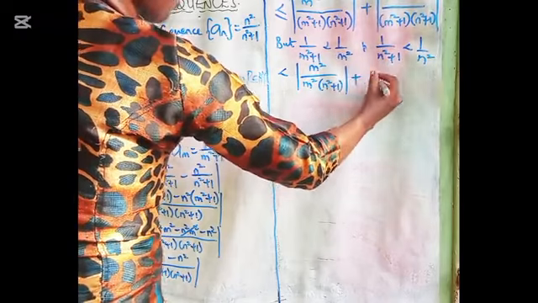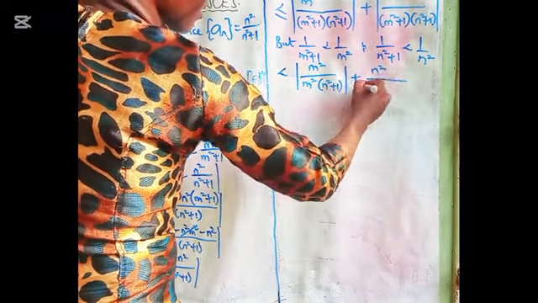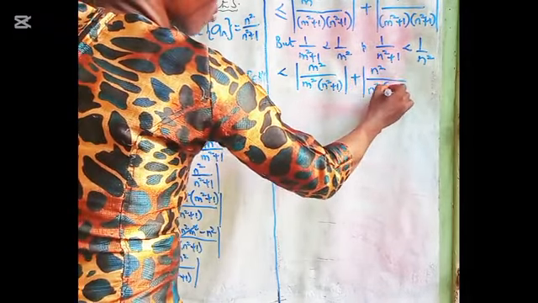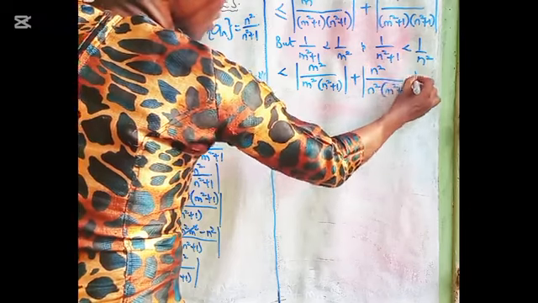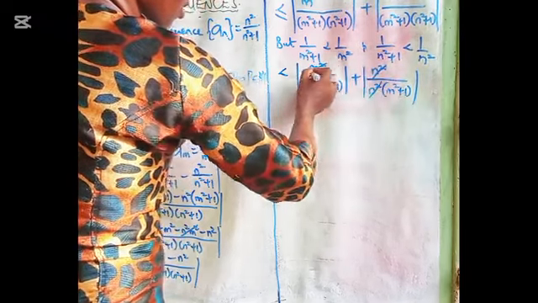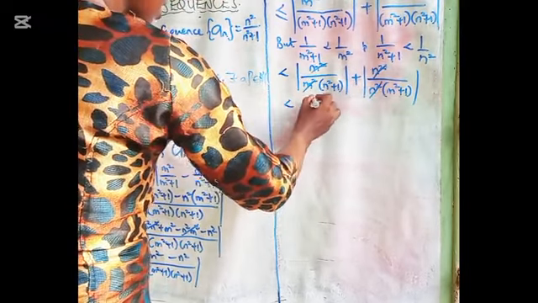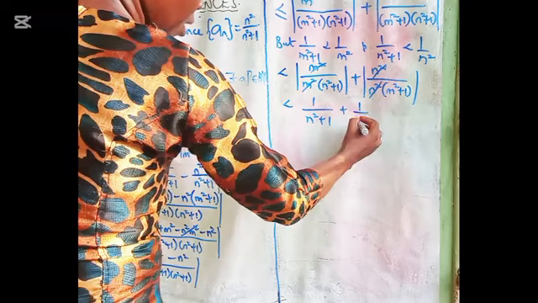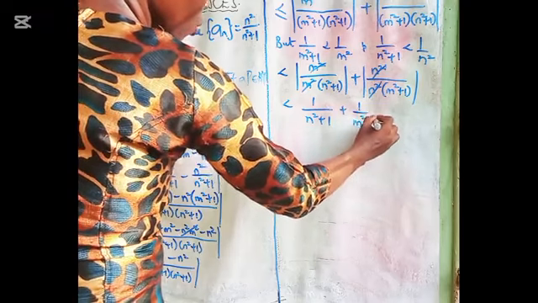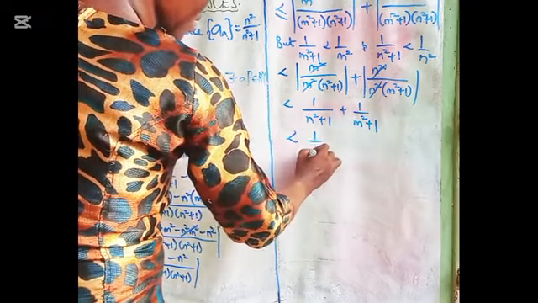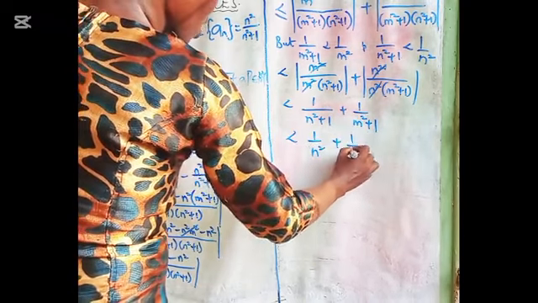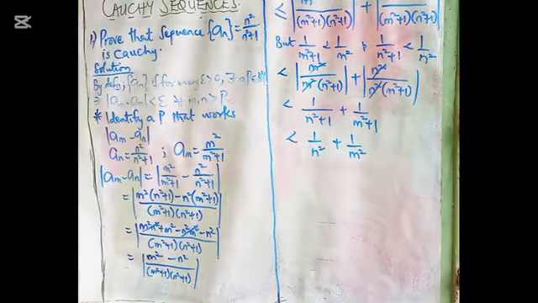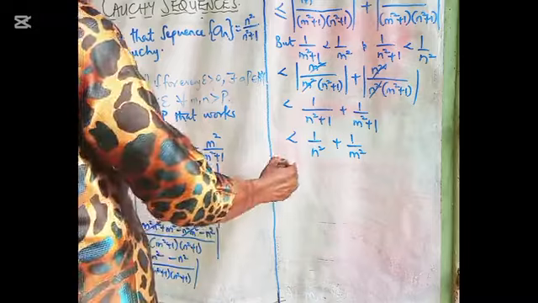The same thing happens there, plus n squared over n squared into n squared plus 1. And then this can cut this, this can cut this. That is less than 1 over n squared plus 1 plus 1 over m squared plus 1. And this is less than 1 over n squared plus 1 over m squared.